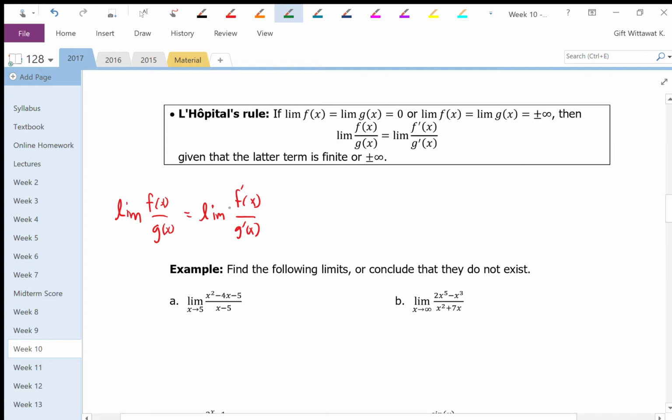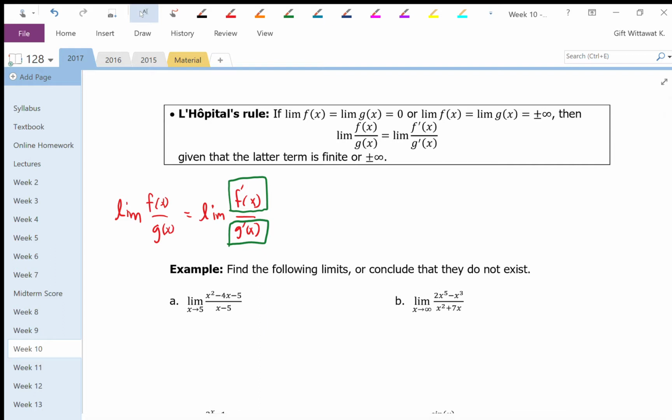I'm finding the derivative of the numerator and the denominator separately. So I'm not finding the derivative of the fraction. I'm finding the derivative of each part. So this is not the derivative of f over g. This is the derivative of f divided by the derivative of g.